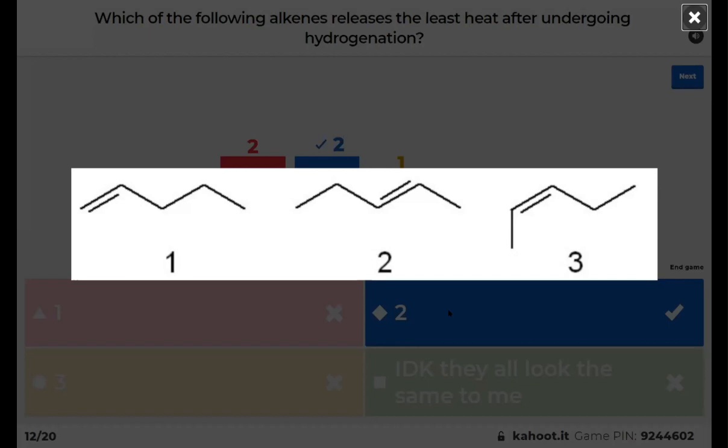So number 2 and 3 are more stable than number 1. However, a trans configuration of an alkene gives less steric hindrance, so 2 is more stable than 3. After catalytic hydrogenation, they'll give the same product, and 2 is in the lowest energy state, so it'll release the least energy going down to the product. Questions?